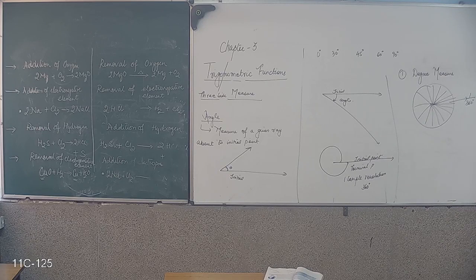So degree measure is a measure of dividing any circle, because we know one complete revolution is 360 degree. If I take two parts, it will be 2/360, if I take 5 parts, it will be 5/360 of the entire circle.